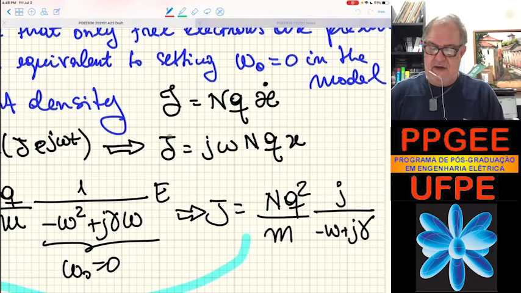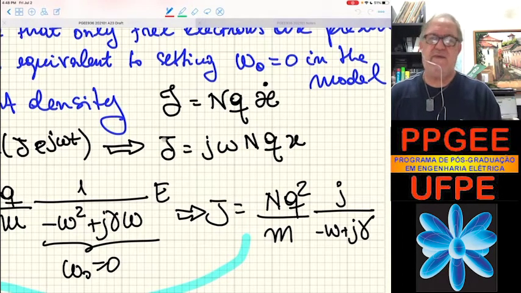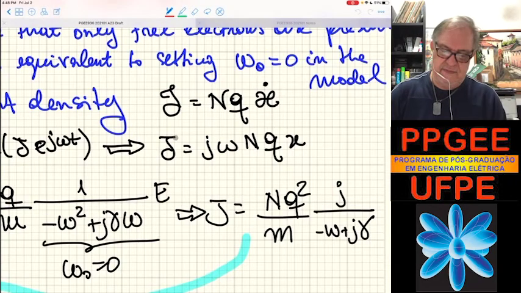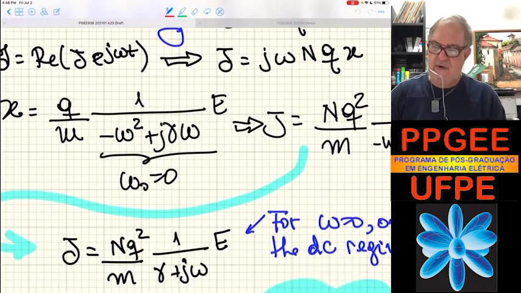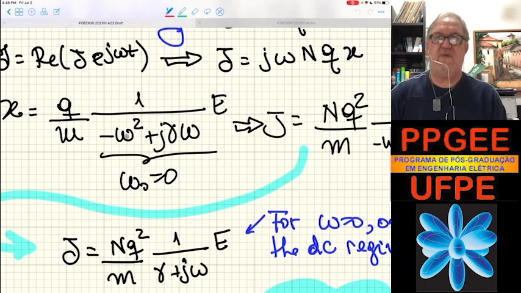So it's just a matter of determining J and relating J to E, we get the conductivity function. That can be calculated because we already calculated X. Remember that we had omega 0 squared minus omega squared, but omega 0 is 0, right? So that's what we have.